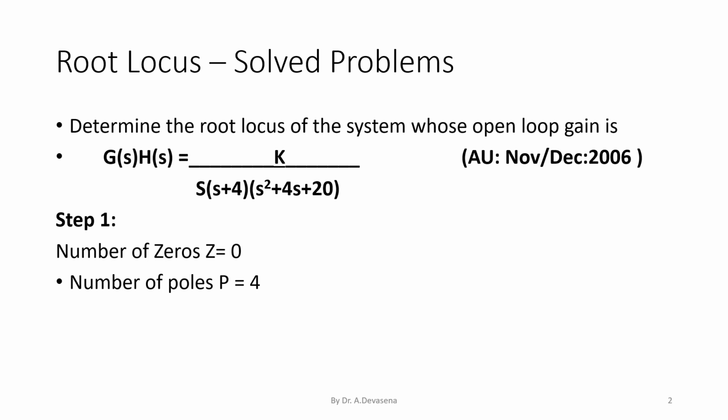This leads to 4 poles, that is, at s equal to 0, s equal to minus 2 plus j4, minus 2 minus j4, and minus 4.